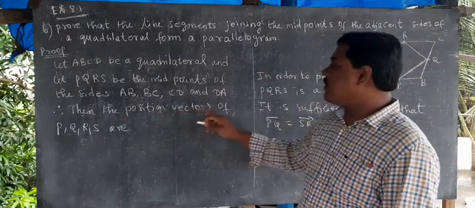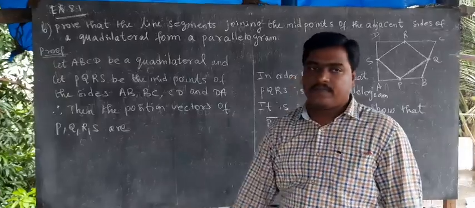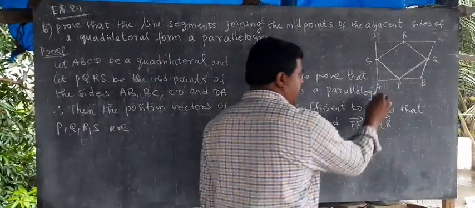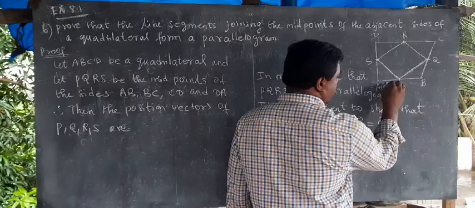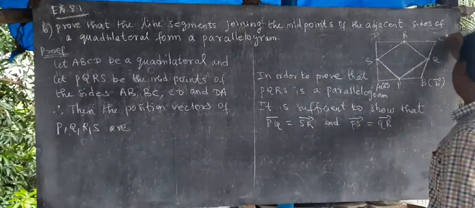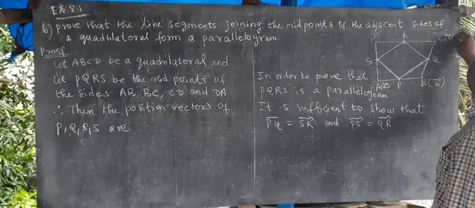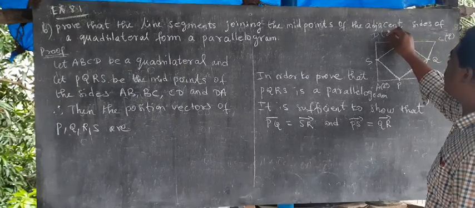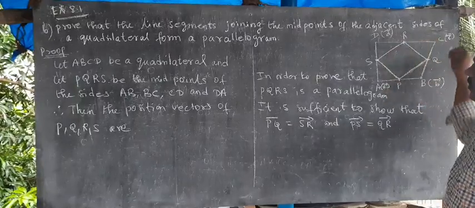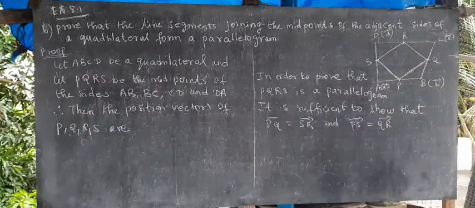Then the position vectors of P, Q, R, S. Here we need to mention A vector, B vector, C vector, D vector, because the position vectors are given.